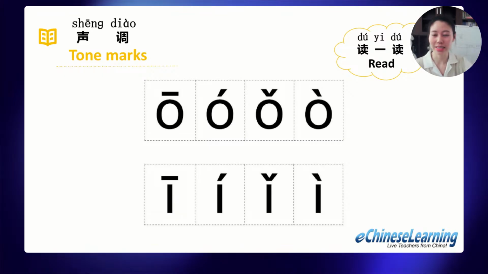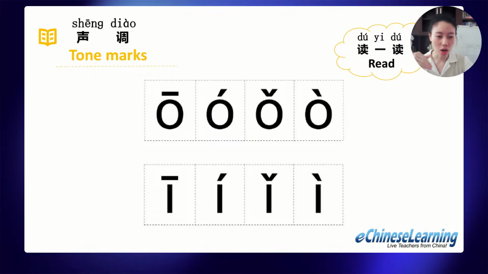So the first final, do you still remember how we can pronounce it? That would be o, right? Now we put the tone on it. The first tone, the second tone, the third tone, and the last tone.